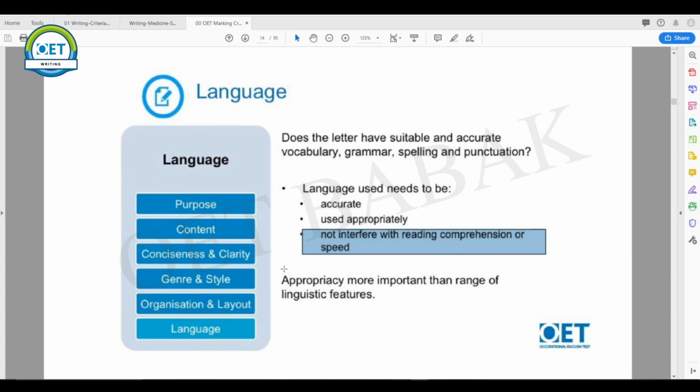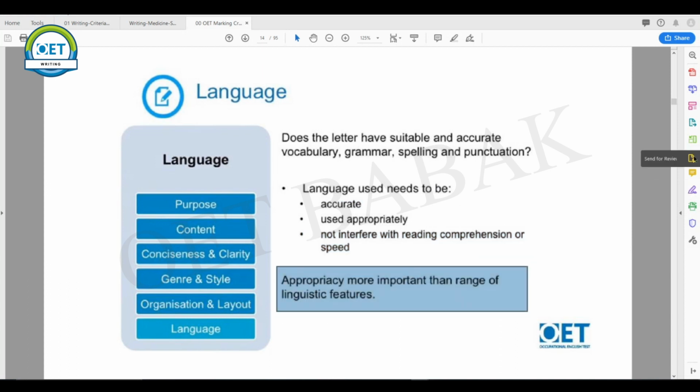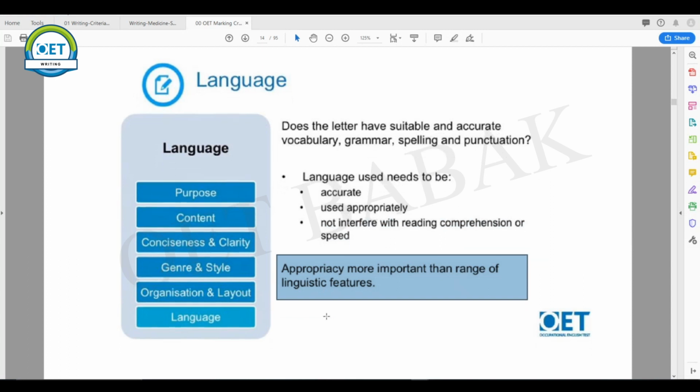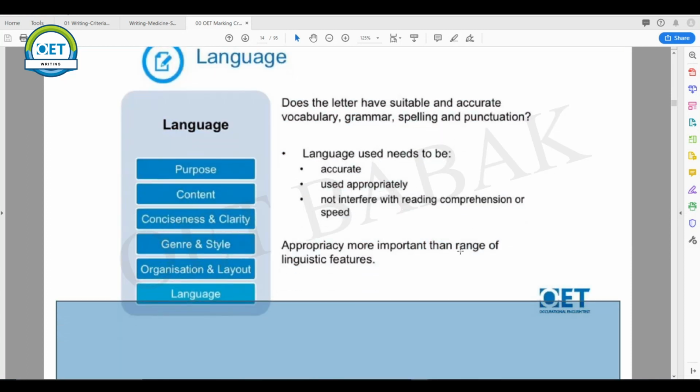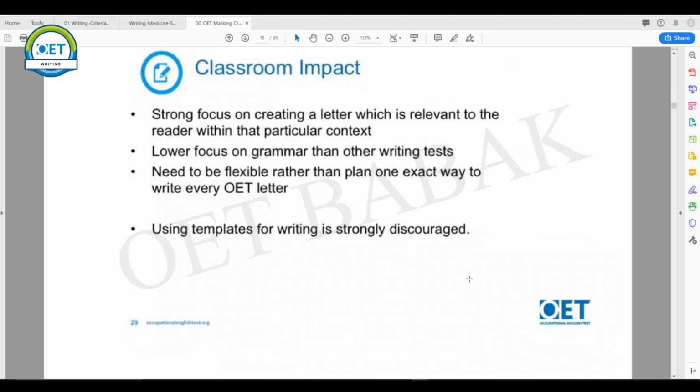Appropriacy is more important than the range of linguistic features. Okay, so we don't want you to show that you're using different structures. If it's not appropriate, you shouldn't do that. You need to use appropriate language, not a range. Okay, we're not looking for the range. Okay. Yeah, if your language is good, that's fine.